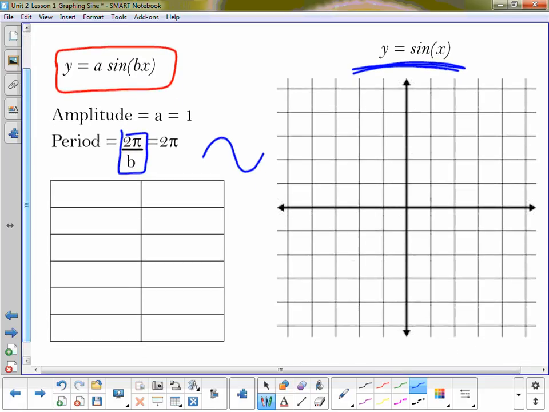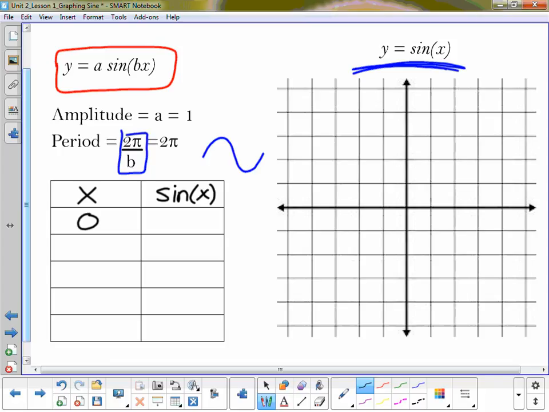I like to do this using tables. You don't have to. If you're quick with graphing these functions, that's fine, but if you're struggling, I would recommend using a table. For our purposes, I'm going to start at 0.